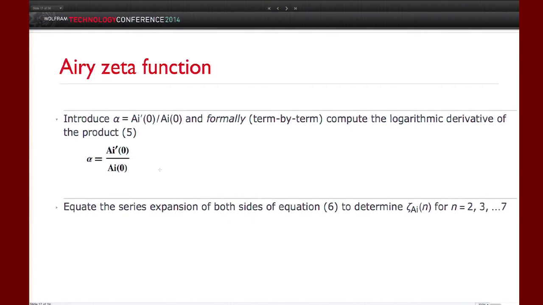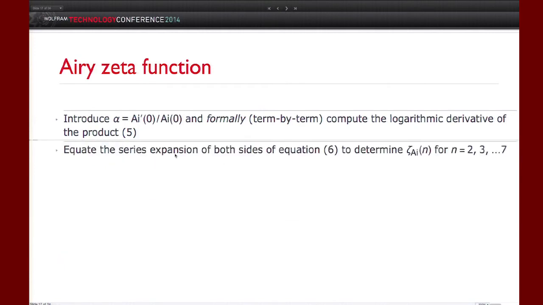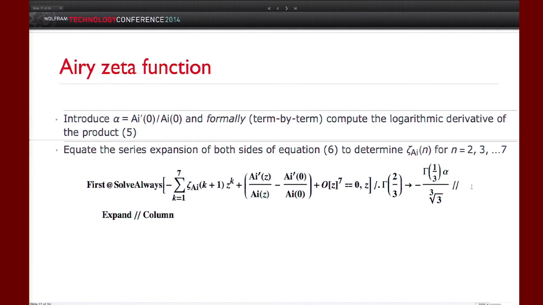If you define alpha to be this ratio of these two terms, which can be expressed in closed form in terms of gamma functions, you can do the series expansion of both sides of this. This is the left-hand side. This bit here is the right-hand side.